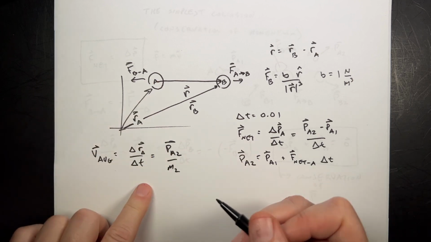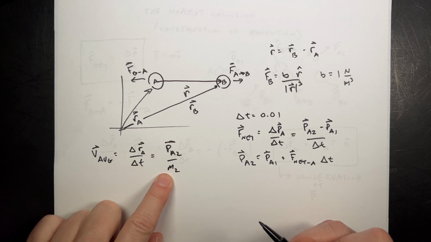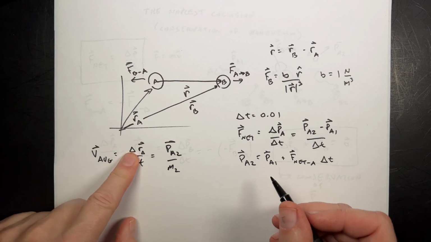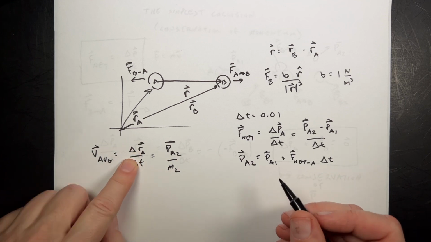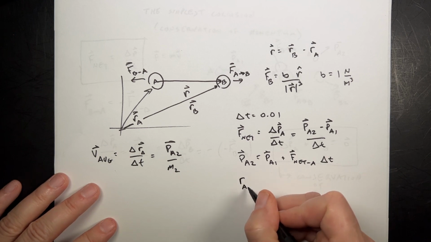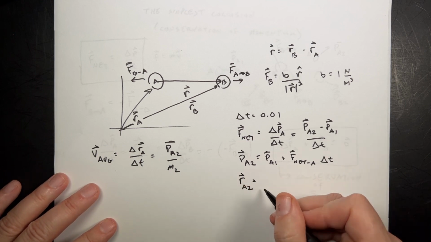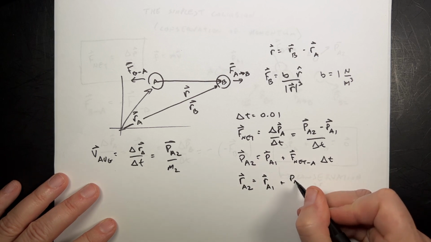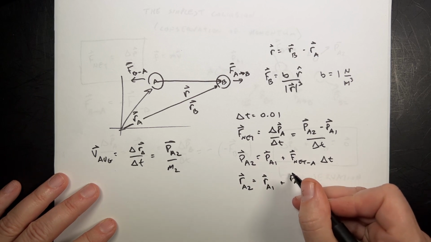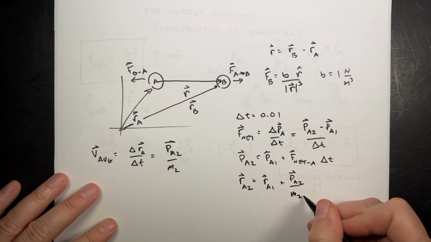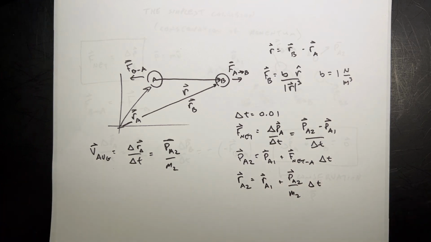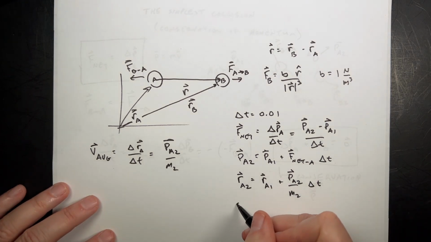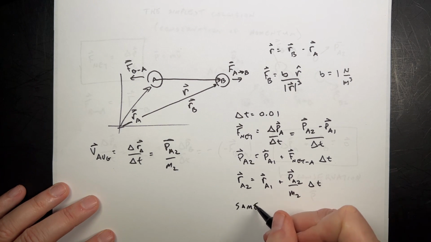That has a mass, right? The momentum divided by the mass. So if I do the same thing and call this RA2 and RA1, I get RA2. I'm skipping over this because I want to get to the Python. RA1 plus PA2 over M2 delta t. And then I do the same for B.